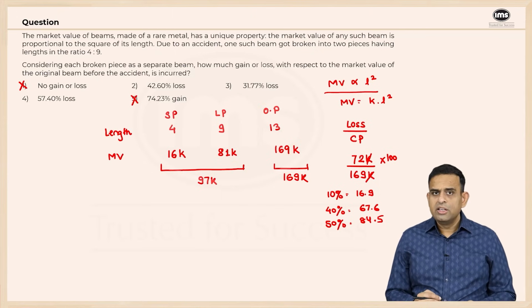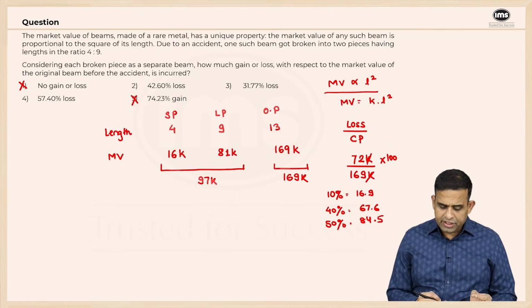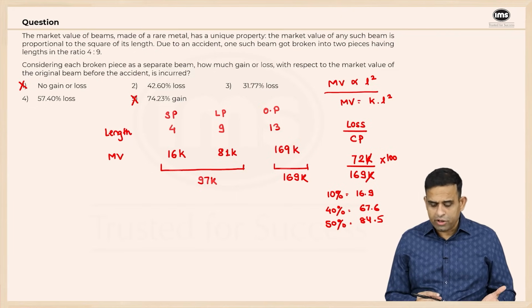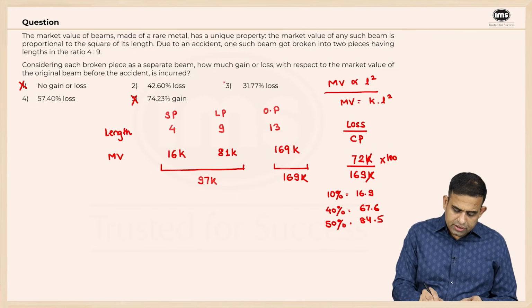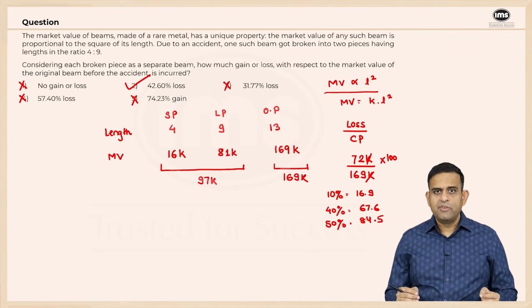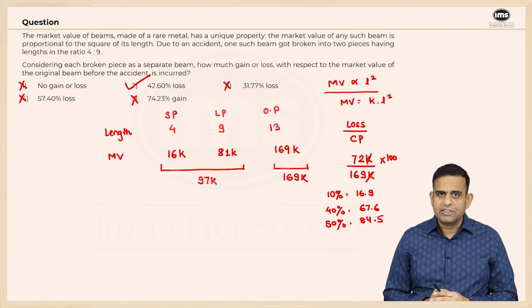So clearly, in this particular case, the loss has to be more than 40% but less than 50%, and it has to be slightly more than 40%. So options 3 and 4 can be ruled out, and one should choose to mark option number 2 over here. It's a problem which I feel most of you should be able to do in the exam condition easily.